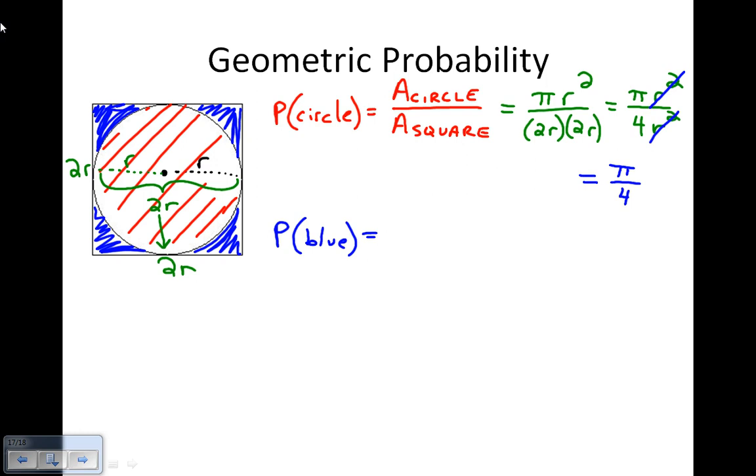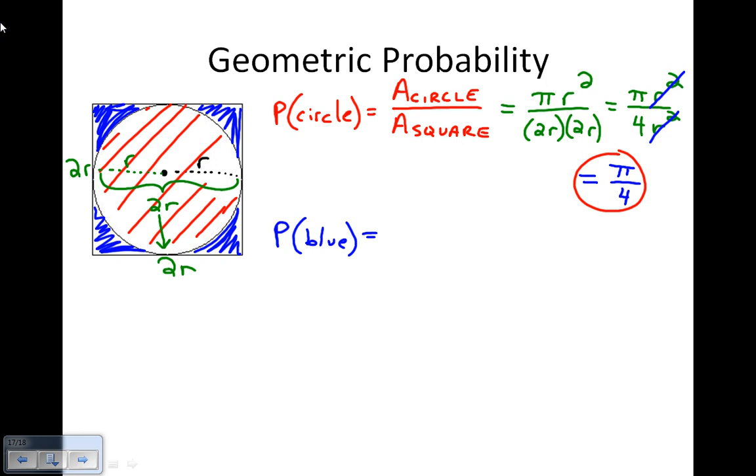But we're going to use a hint that we learned last problem. We know that together the entire shape has to be 100%. And if we express 100% as a number, we know that together it has to be 1. So we know that the odds of hitting the circle are pi over 4. That's what we computed earlier.